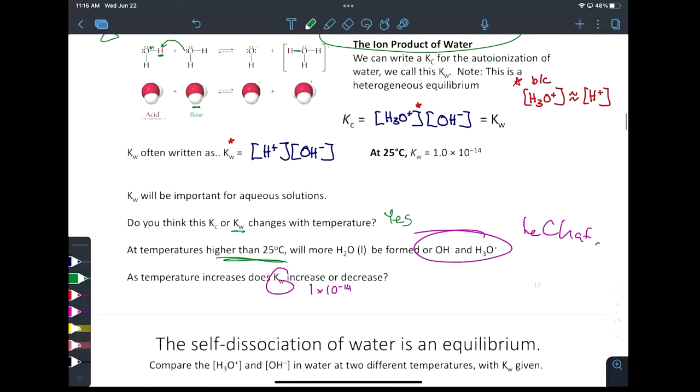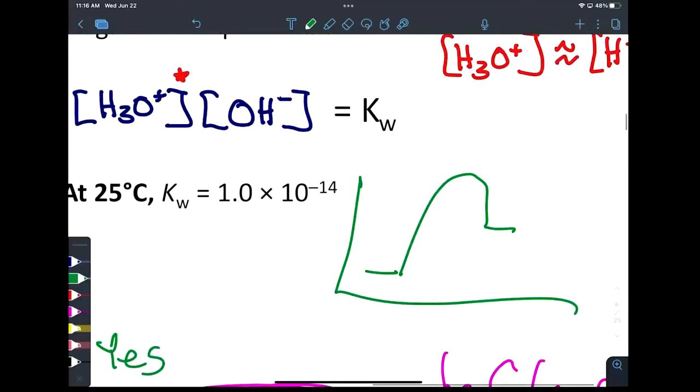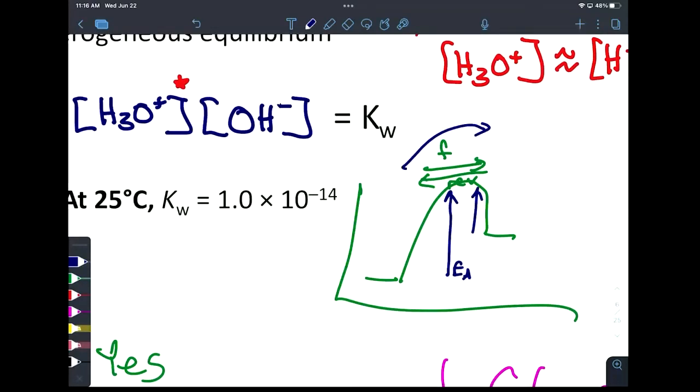So if we drew the reaction coordinate, it would look like this. This is the forward, this is the reverse. Because this is an endothermic reaction, the products are at a higher energy. There's a difference in activation energy whether you're going forward or reverse. There's an activation energy there and an activation energy there.